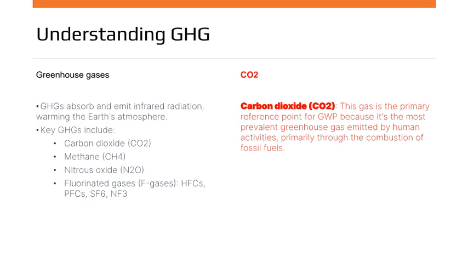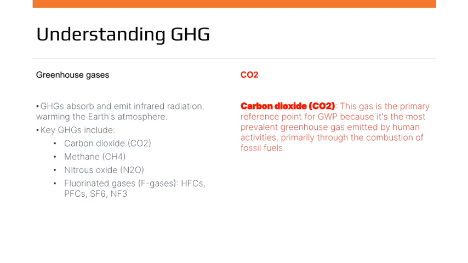4. Fluorinated gases, F-gases, is a group that includes a variety of gases like hydrofluorocarbons, HFCs, perfluorocarbons, PFCs, sulfur hexafluoride, SF6, and nitrogen trifluoride, NF3. They are used in a range of industrial applications but have a very high GWP, even though they are generally less abundant in the atmosphere.